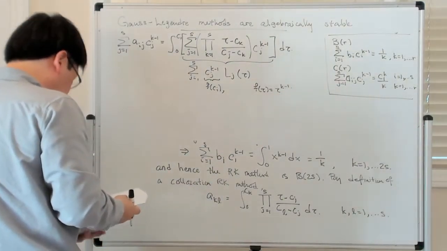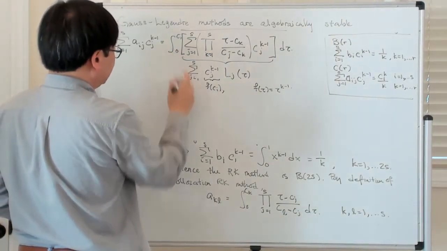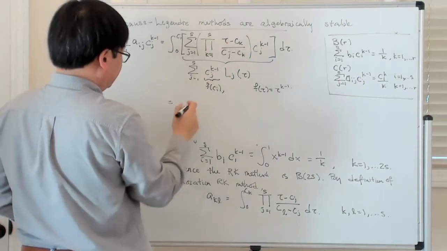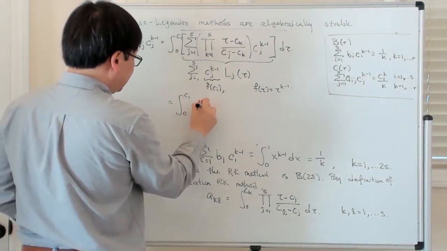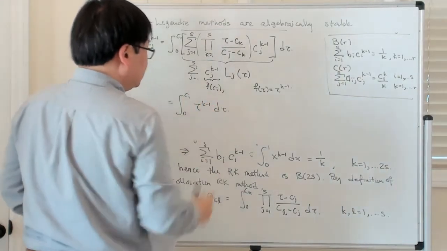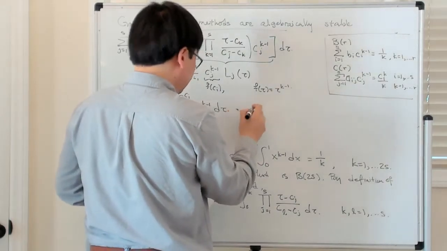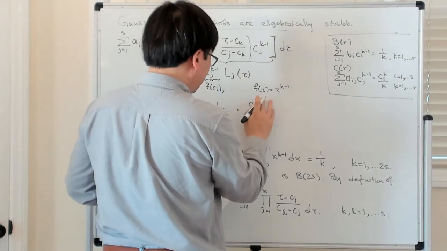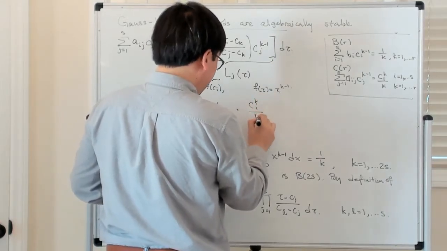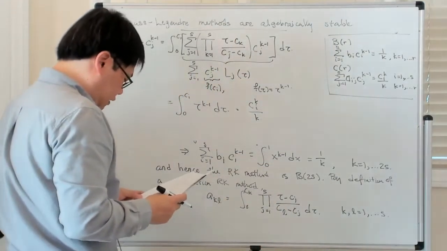Okay? All right, so after everything's said and done, this thing is the integral from 0 to c_i of tau to the k minus 1 d tau. And this is of course nothing more than just c_i to the kth power divided by k, which is exactly the condition you need for this C(r) condition.